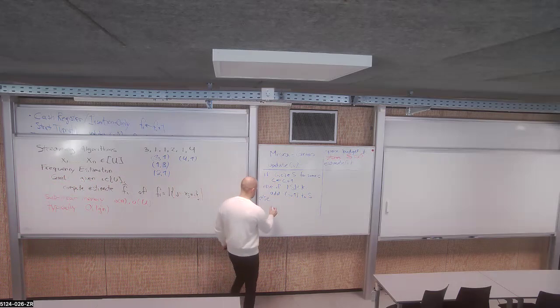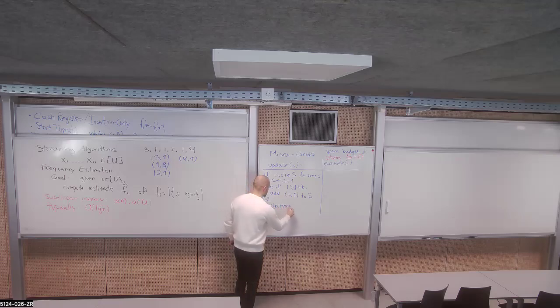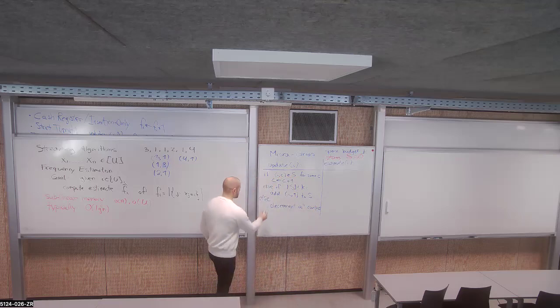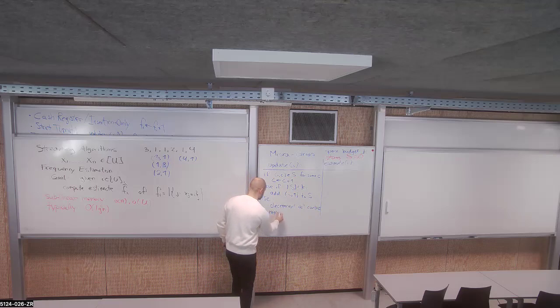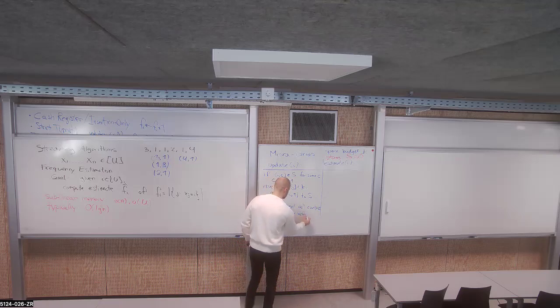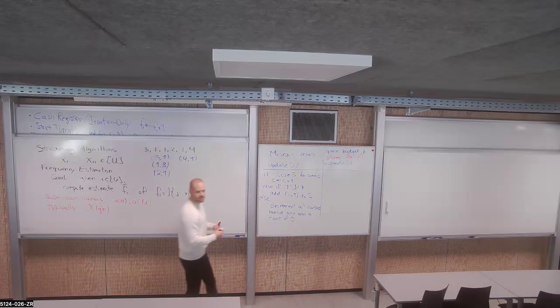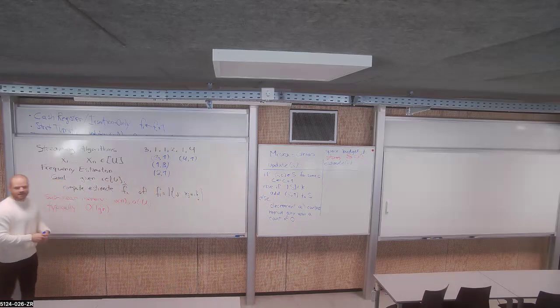So then the interesting thing is that this sketch decrements all counters, and then it removes any count of 0. So this seems a little strange, but we'll try to see why this is a reasonable thing to do.